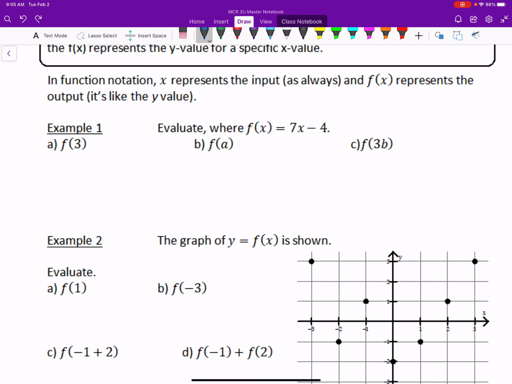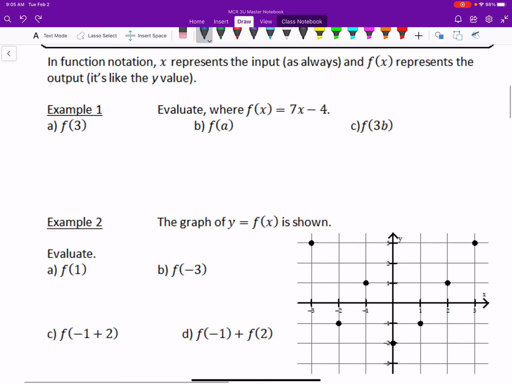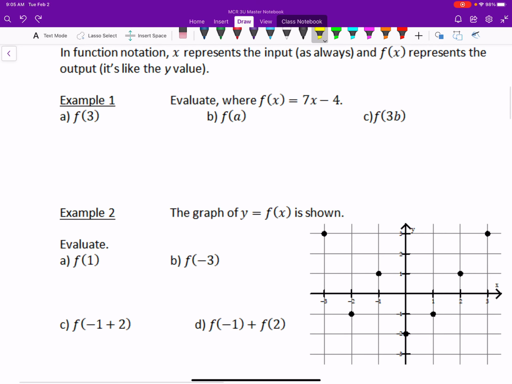In function notation, x represents the input, as always. F at x represents the output. It's like the y value, as I just said. So if this is the function, f at x equals 7x minus 4, then for part A, f at 3 means find out the value of 7x minus 4 when x equals 3. All I do is replace the x with a 3. I'm putting what's in the brackets in the place of x in each case.